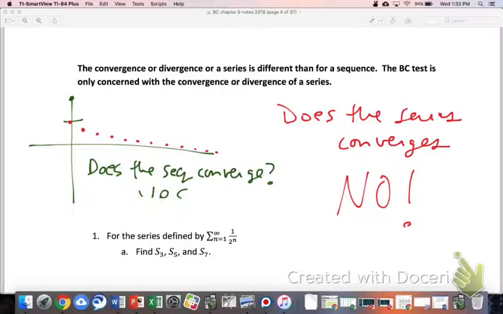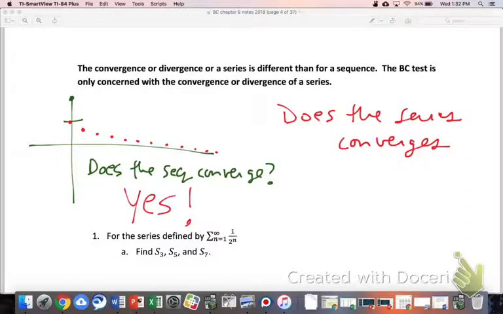If I asked you the same 2 questions, there's my terms in my sequence, graphed it again. Would you guys say that that sequence converges? Yes or no, based on my graph. What would you say that my sequence converges towards? 0. I'm trying to make it look like 0. So I think we could say for sure the sequence does converge, and it looks like it's converging towards 0.